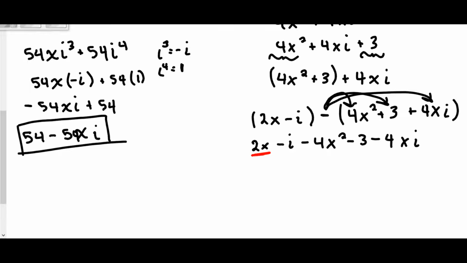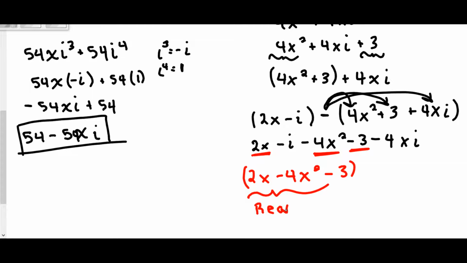So 2x is a real term because there's no i. Negative 4x squared is a real term because there's no i. And negative 3 is also a real term because there's no i. So 2x minus 4x squared minus 3 is going to be our real component. Because if we had a value of x, this would just be some real number.